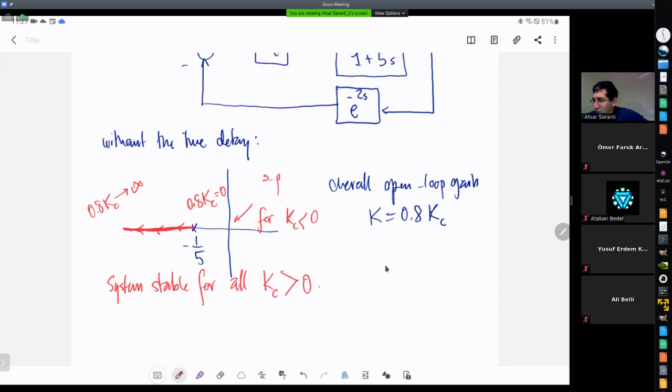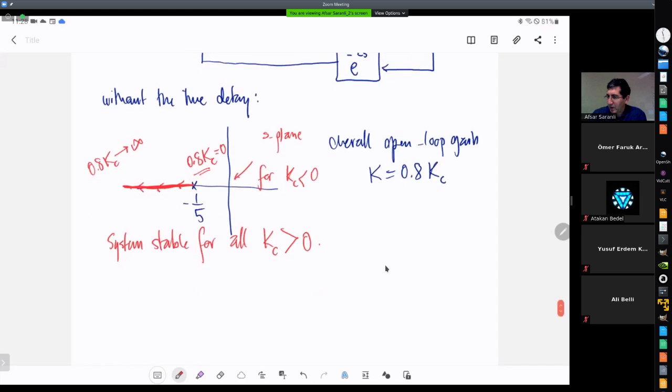If you use Routh-Hurwitz or any other method to find the j omega crossing, you can find for which negative Kc you are crossing this boundary. You have to bear in mind that you also have to take into account this 0.8 factor. Routh-Hurwitz automatically does that.